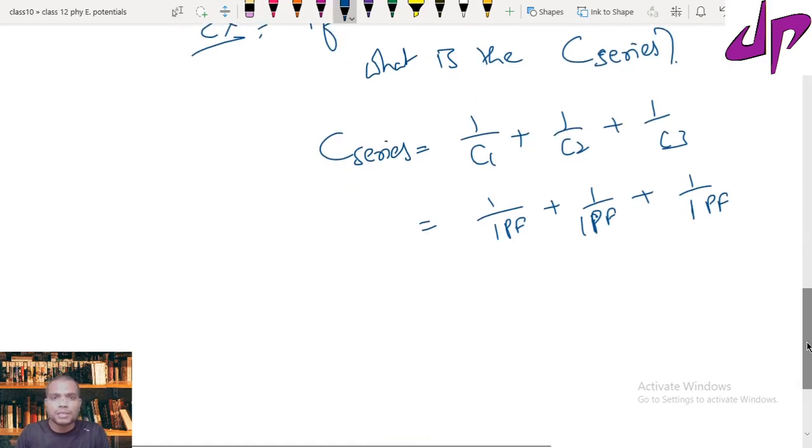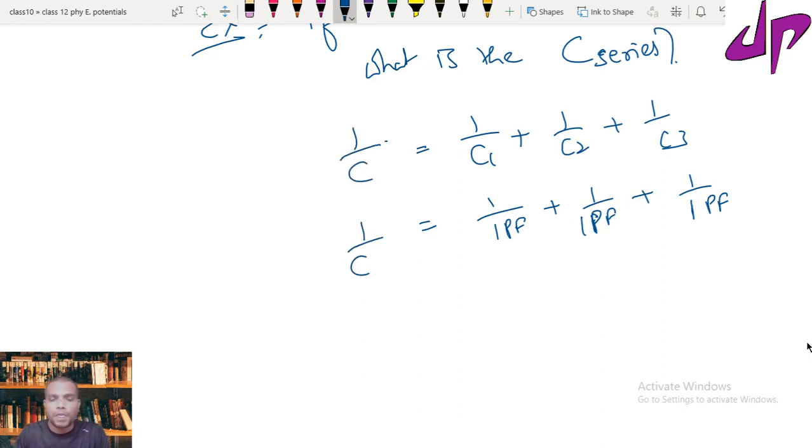So first I need to take the LCM here. 1 over C equals, taking out 1 over picofarad as a common factor, inside we get 1 by 1 plus 1 over 1 plus 1 over 1, so the total value goes to 3.